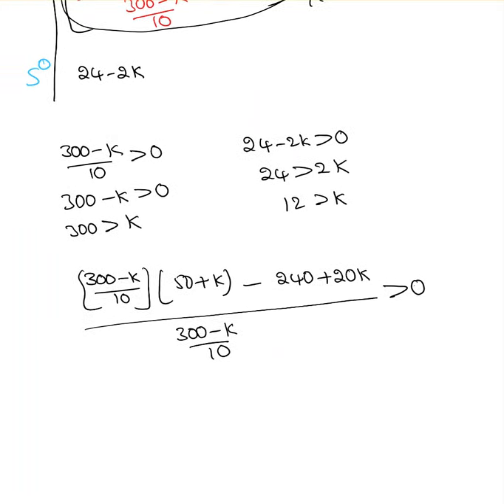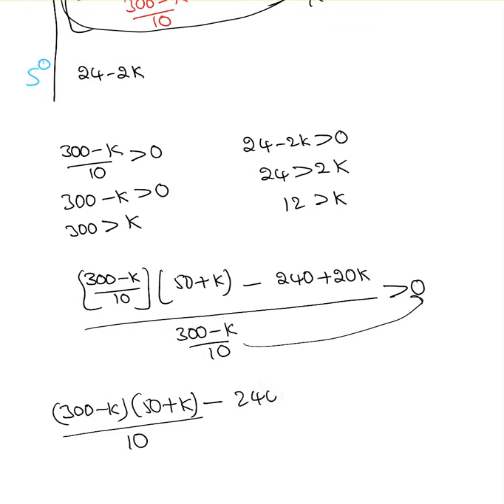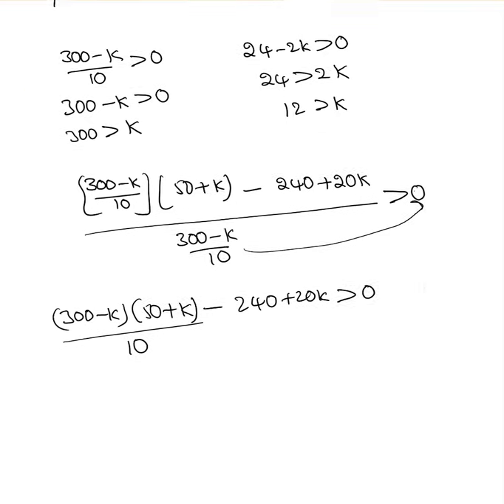I'm going to redo this, so I can take this denominator to the other side and make it 0. So we'll end up with 300 minus k multiplied with 50 plus k, over 10, minus 240 plus 20k, must be greater than 0.